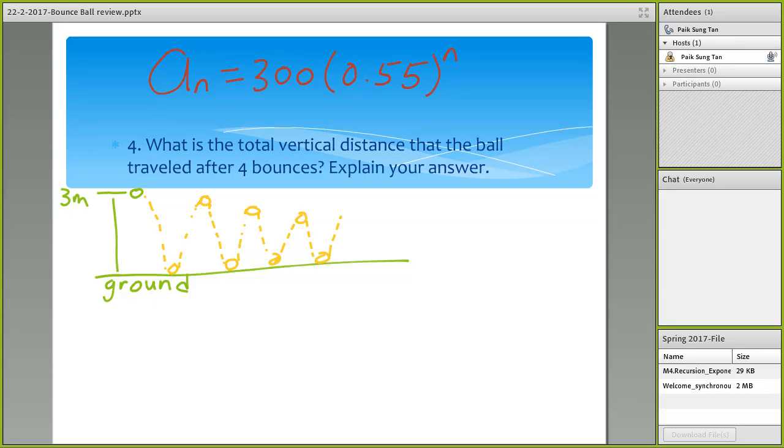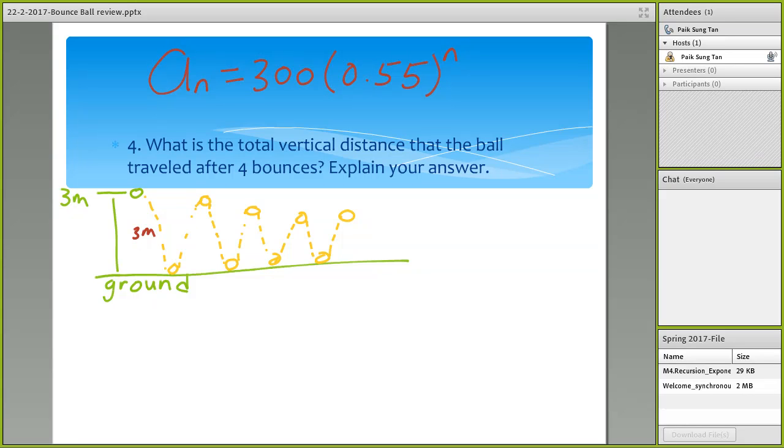So this is bounce 1 time, 2 times, 3 times, 4 times. So this is the fourth bounce. What we need to know is all this dotted line, which is the distance traveled vertically. So how far does it travel in total?